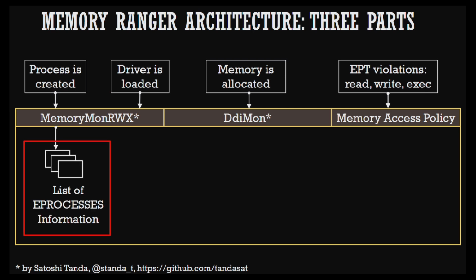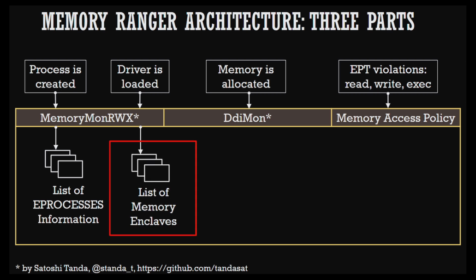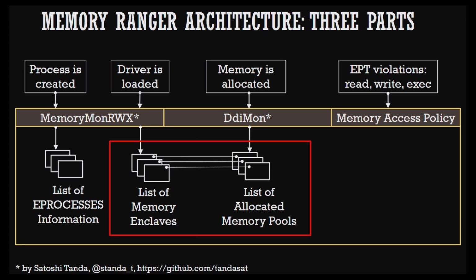For each newly loaded process, MemoryRanger adds the following structure to the list. This structure includes the process ID and the address of its EPROCESS structure. For each newly loaded driver, MemoryRanger adds the following structure to the list. This structure includes the address of an EPT structure, which is allocated specifically for this driver, as well as the driver start and end addresses, and a vector to collect memory addresses which will be allocated by this driver.